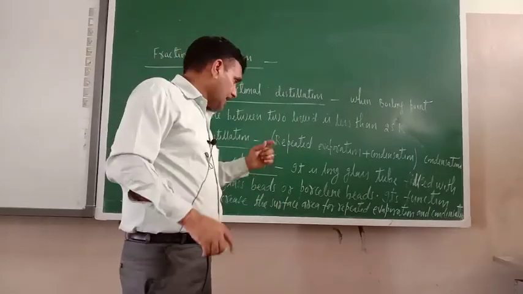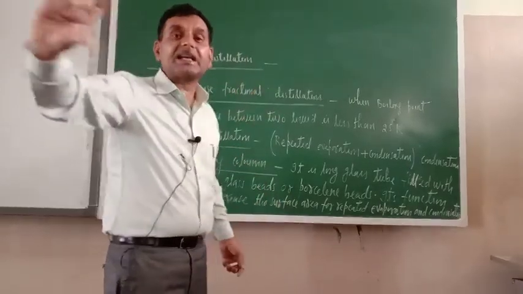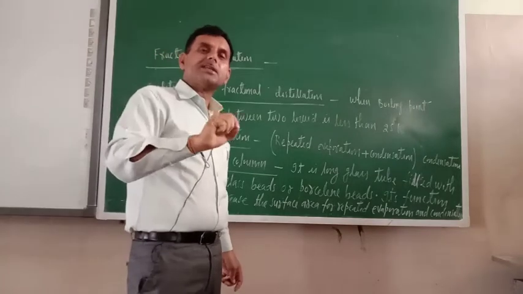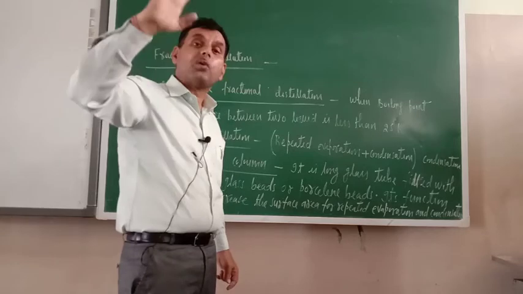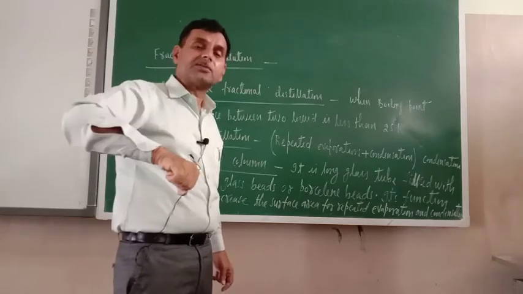And now that fractionating column is fitted with the condenser tube. So just see, which is boiling easily or boiling first, that will condense also first.